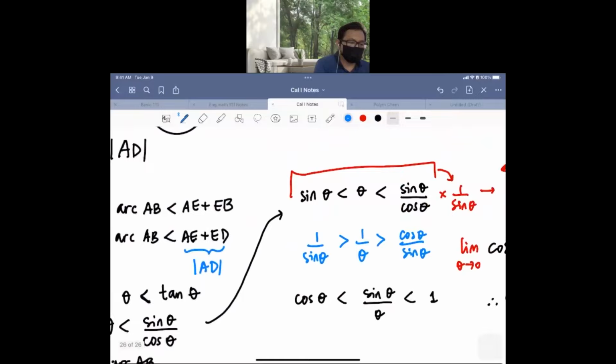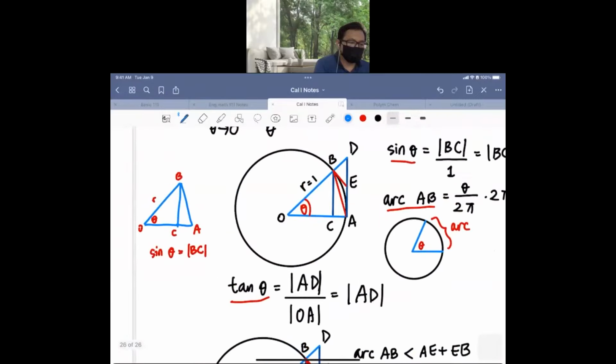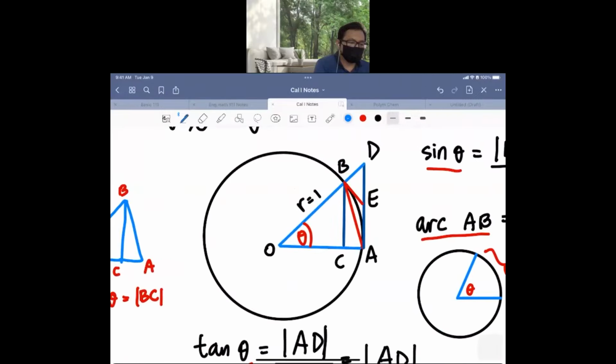So the idea behind this is basically to prove through the geometrical length inside the triangle and circle we have. This is the best way to check, using the unit circle or the right triangle inside the circle. And we fix the radius to 1.